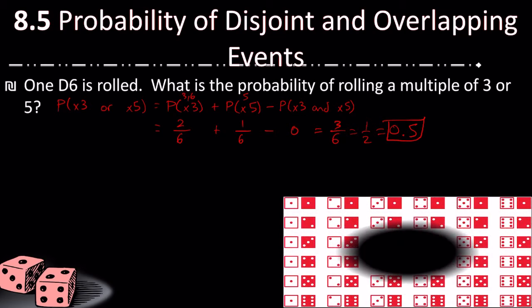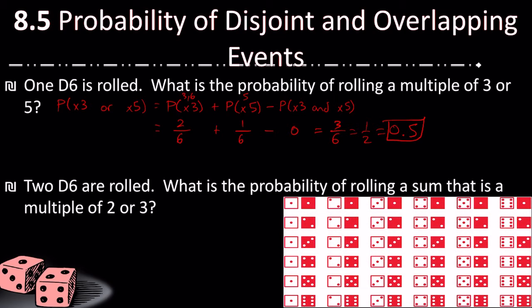Let's try another one. 2d6 are rolled, so 2 dice are rolled. What's the probability of rolling a sum that is a multiple of 2 or a 3? All right, so here's our picture of all the different things you could roll.